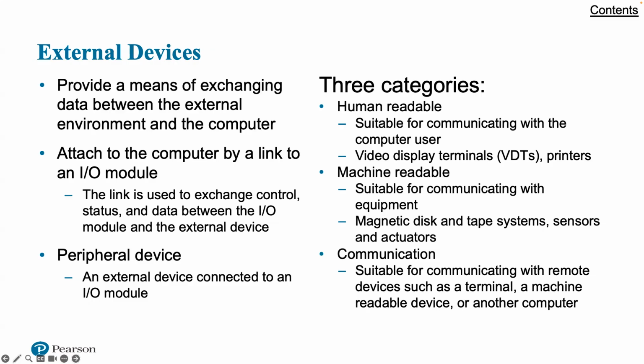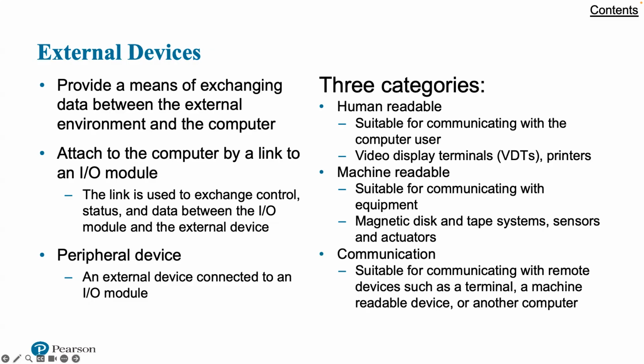Note that we are viewing disk and tape systems as I/O devices in this chapter, whereas in chapter 7, we view them as a memory device. From a functional point of view, these devices are part of the memory hierarchy, and their use is appropriately discussed in chapter 7.